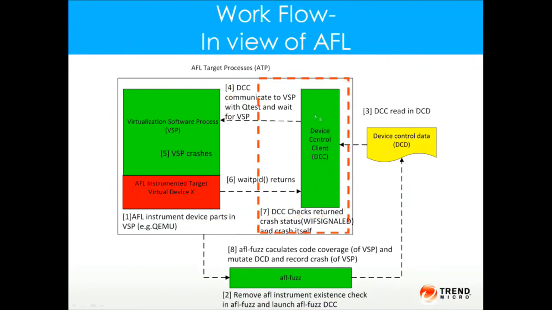And if the DCC receives the crash information, it will crash itself. The crash information would be notified to AFL. So AFL fuzz would get the crash information of the DCC, calculate the code coverage of the VSP process, mutate the DCD data and record the crash of the VSP.